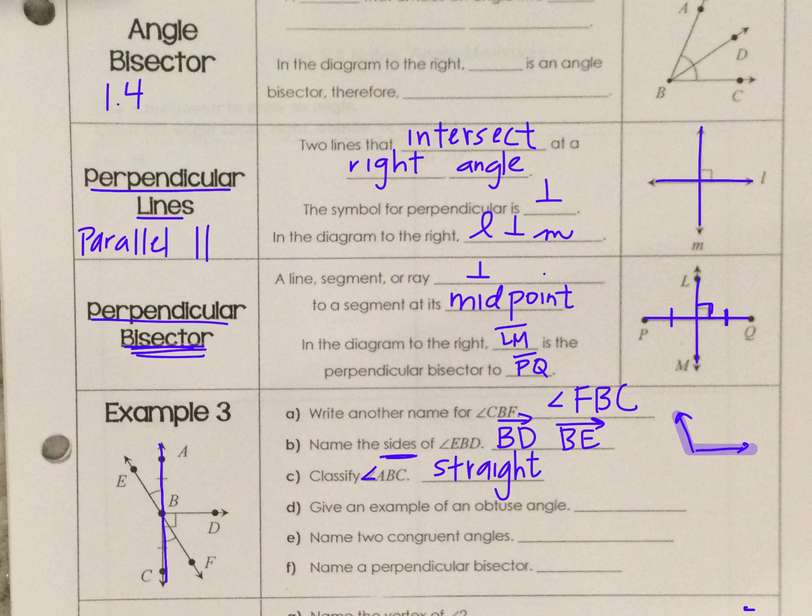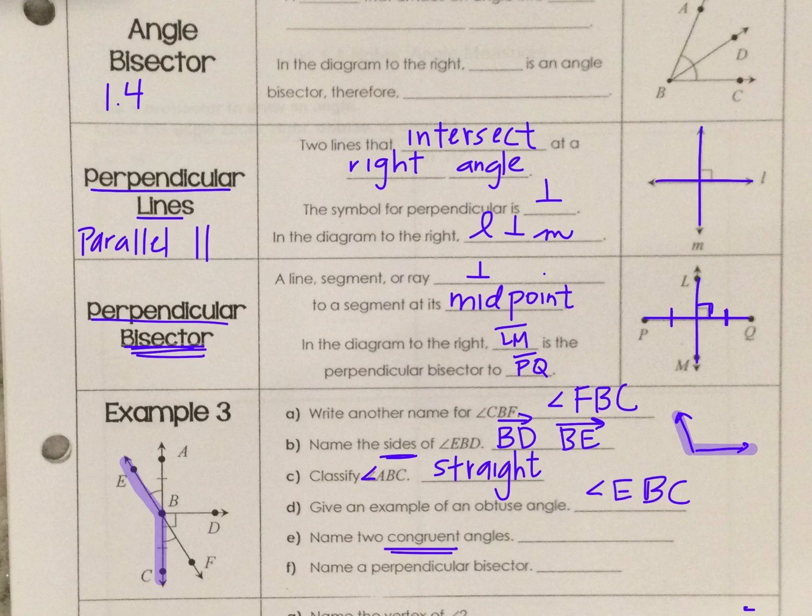So I need to look at this picture and find a big fat angle. So I would like this one. It's pretty big and fat. So let's name it. Its name would be angle EBC.